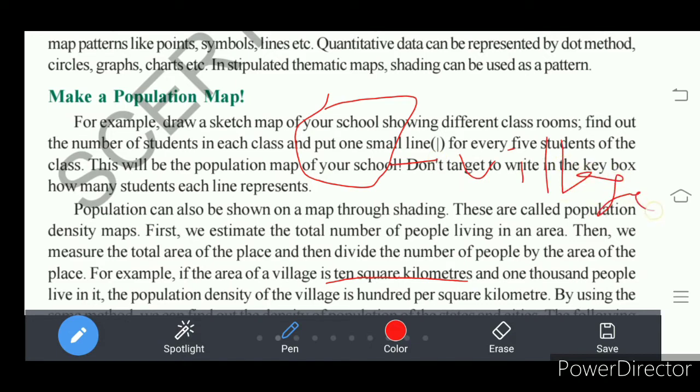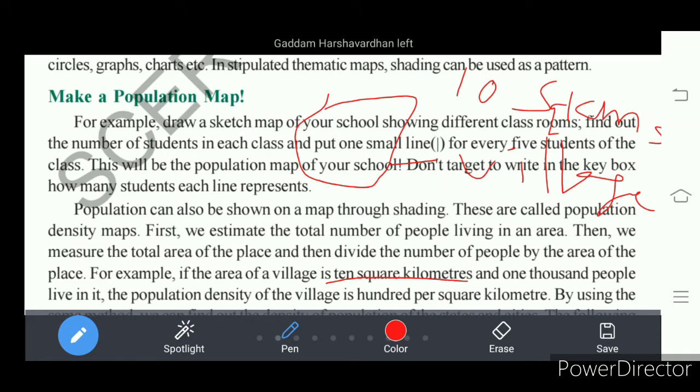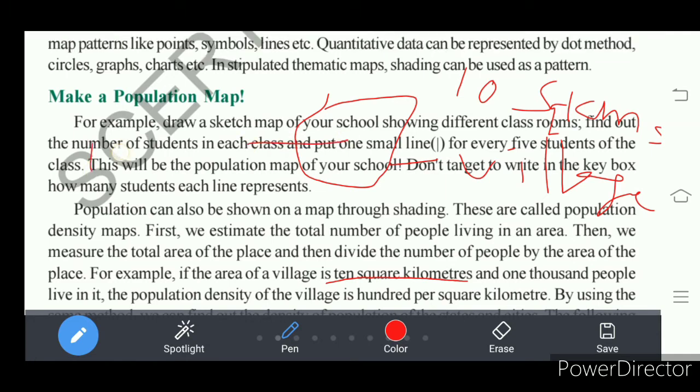What is the total area of this village? 10 square kilometers. And what is the population of that village? For example, 1000 people are living. Understand? So the total population of that village is 1000, and the total area of that village is 10 square kilometers.